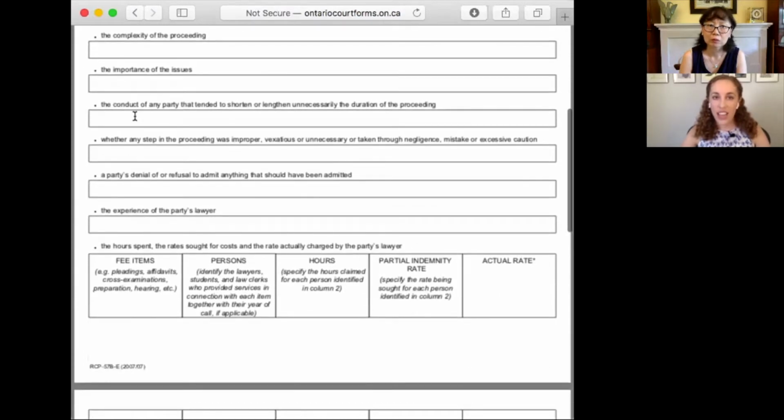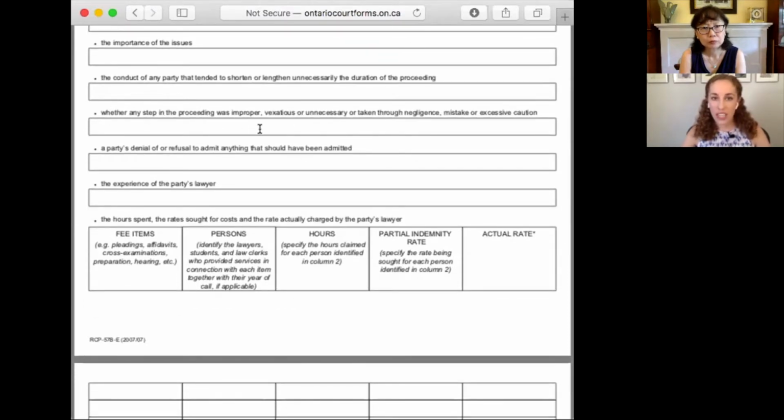The conduct of any party that tended to shorten or lengthen the duration of the proceeding. So maybe you sent 5 letters to the other side before you brought this motion. It was a last resort and they ignored it. They never responded. That's something that lengthened the proceeding and required you to bring the motion.